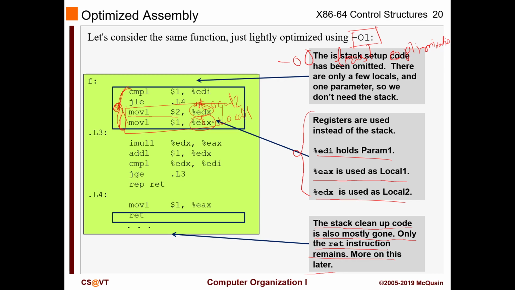As you can see over here, we are just using the registers directly instead of using the stack, because we're using optimized code, right? We are doing multiplication directly, we are adding directly, we are doing a comparison. If it's greater than, then it goes back up.